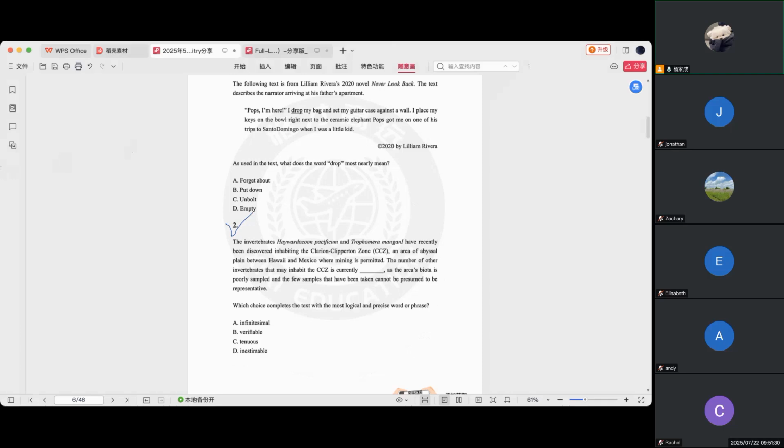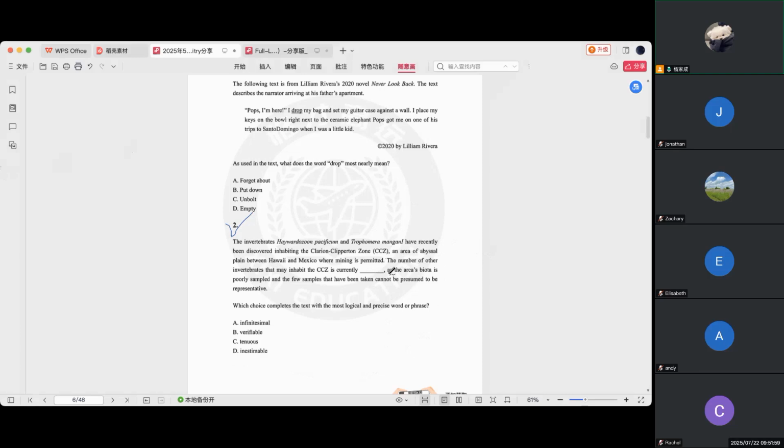For the second one, the right answer would be D, inestimable. And remember, all of the vocab questions need some evidence. It's always evidence based. So here, it says the number of other invertebrates that may inhabit the area is currently a blank.